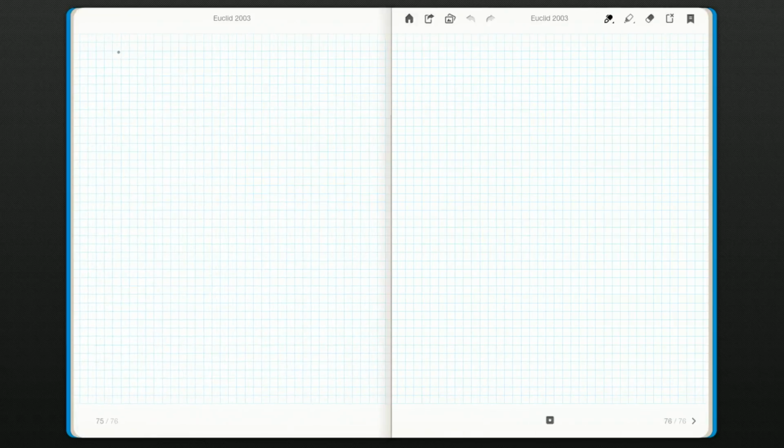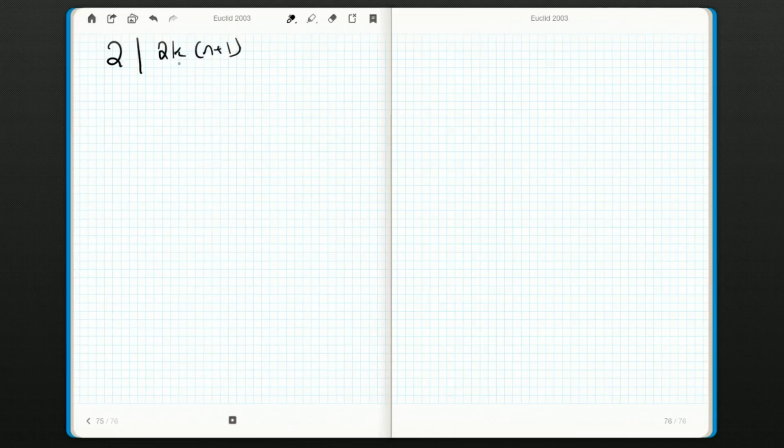Okay. So 2 must divide, and we said we could write it as 2k. Divided by 2, cancel that out. 2 has got to divide k times (n plus 1), but 2 can't divide n plus 1 because it's odd, as we just noted.